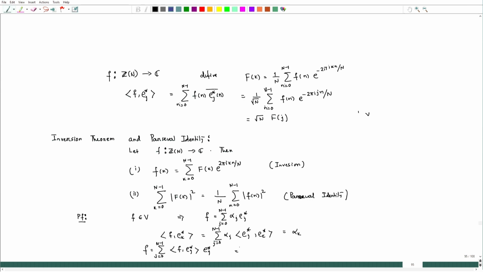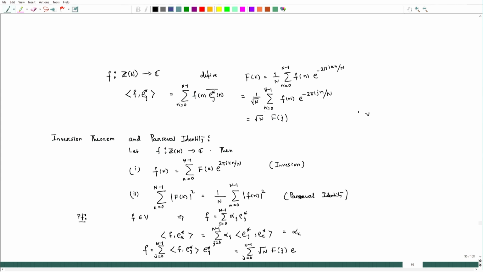Now, earlier what we have calculated is that the inner product of f and E j star is nothing but 1 over square root of n times capital F j.